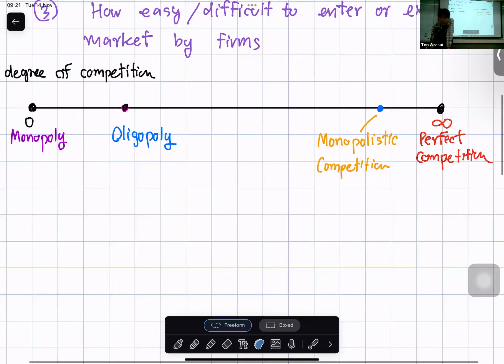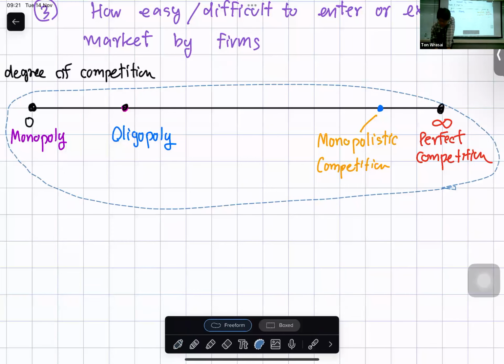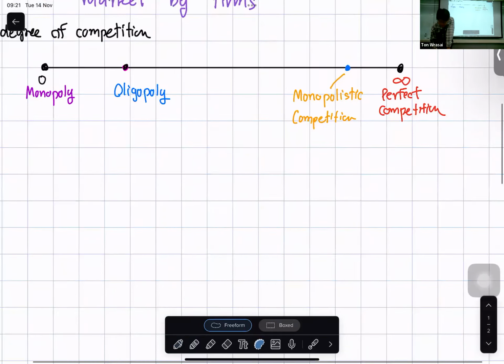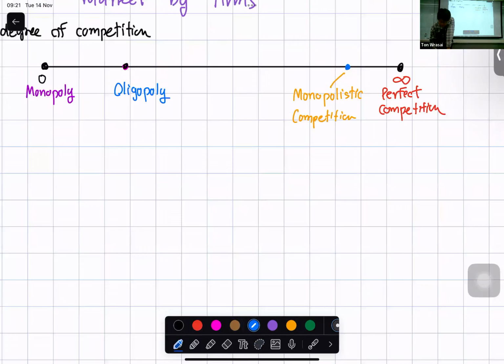With the perfectly competitive market environment, here there is a large number of buyers and sellers, many buyers and many sellers for the perfectly competitive market.